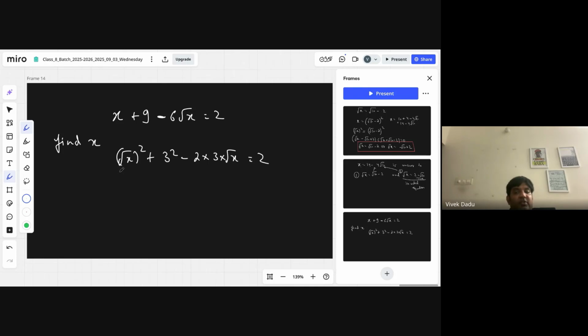So this becomes which identity? a square plus b square minus 2ab. So what does that become? a minus b whole square. Can I write now this as root 2 square?